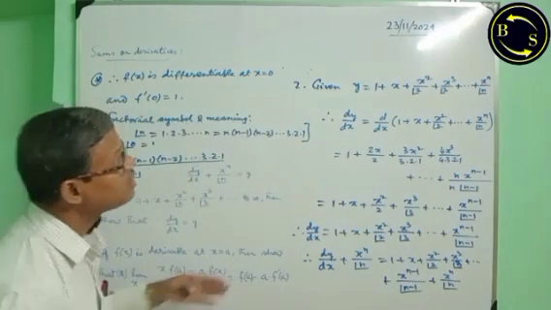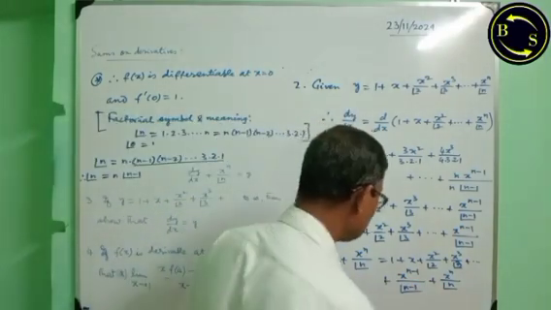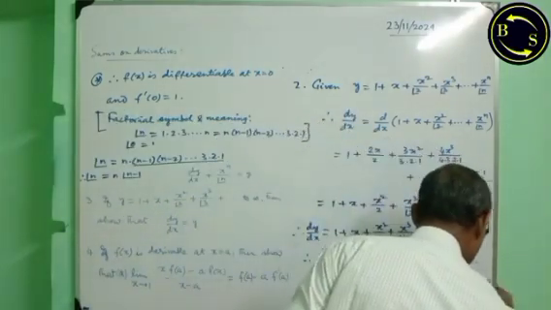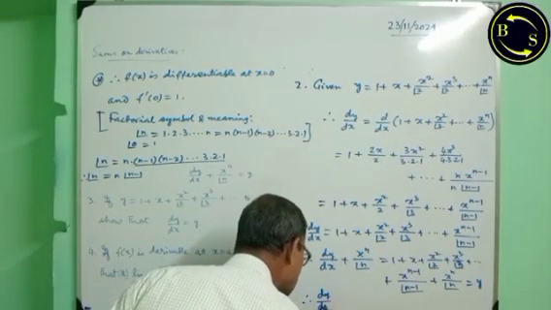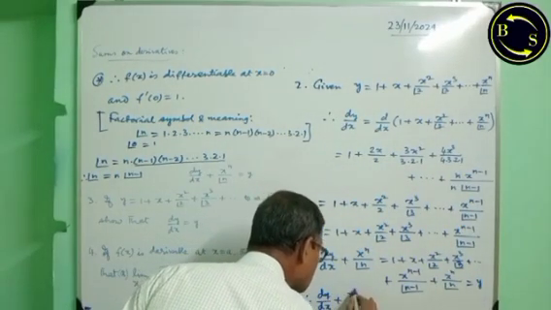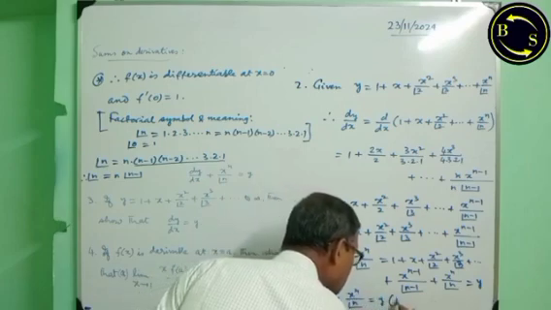Now, as per this information, this is y, that is equal to y. Therefore, dy/dx, final step, is this plus x to the power n by factorial n, which is equal to y. Proved.